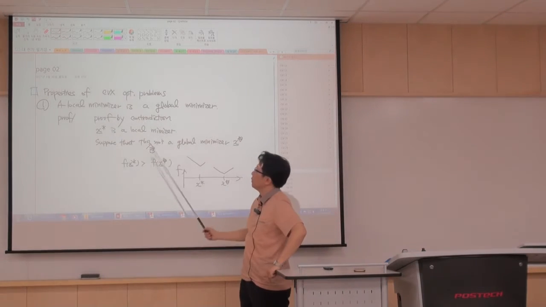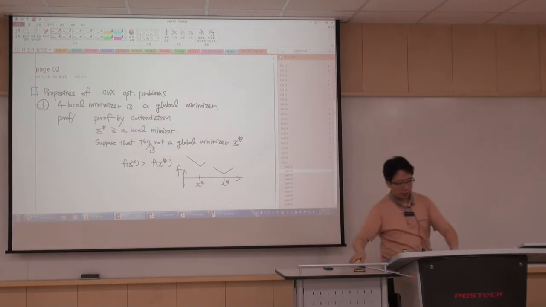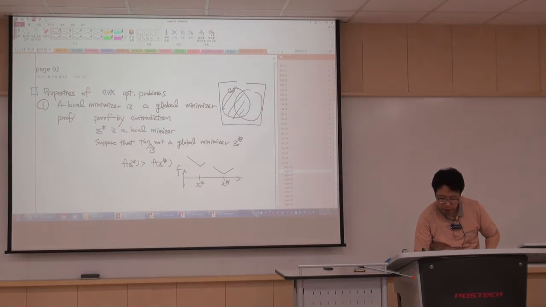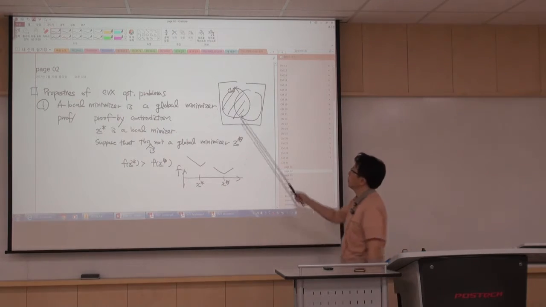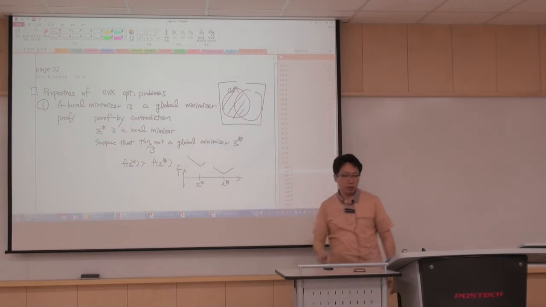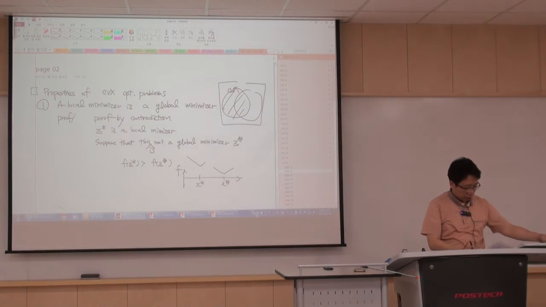Anyway, sketch of the proof. So this holds for general convex optimization problem. Very, very powerful. Okay? So you remember, right? It holds here for every convex problem. This is true. Now you have some other proofs.